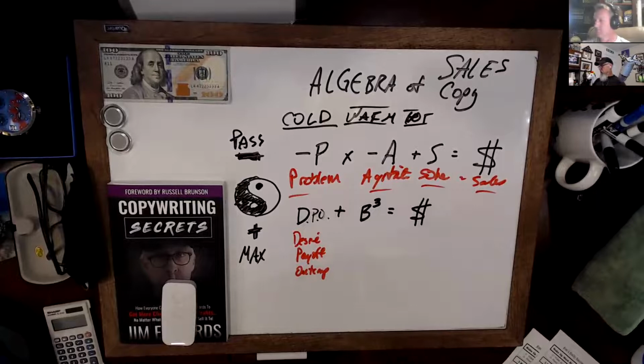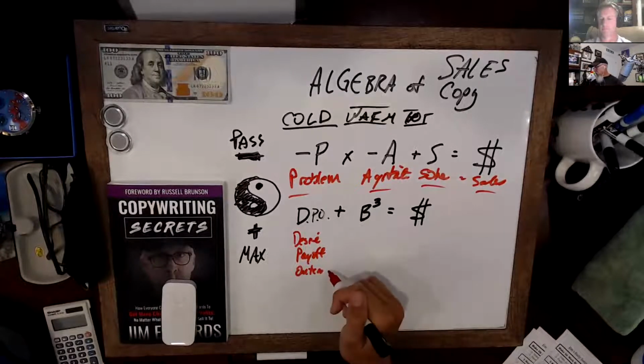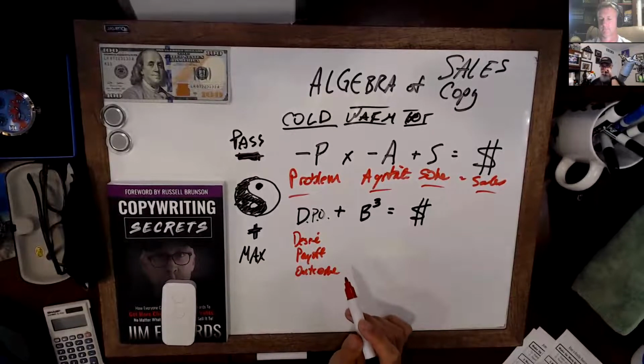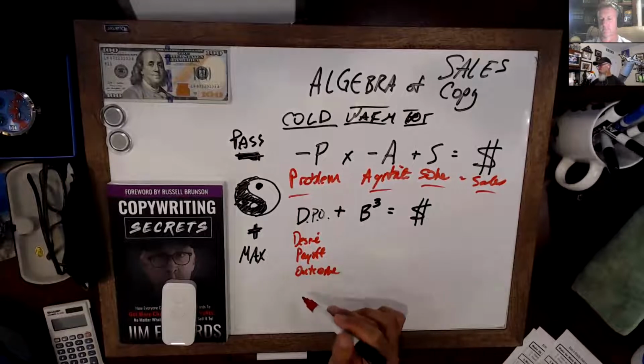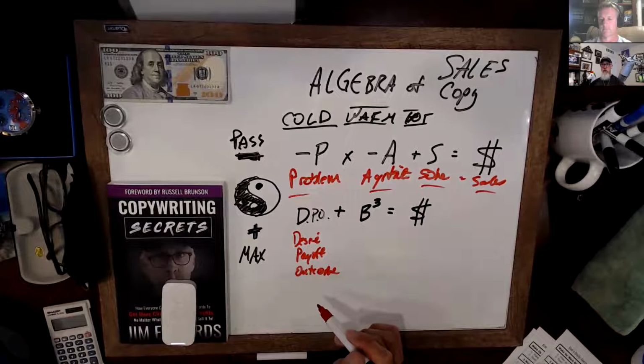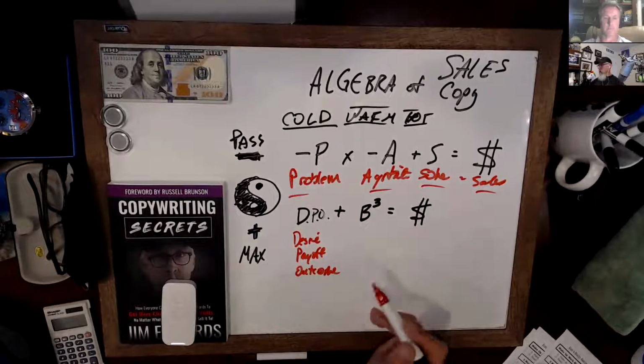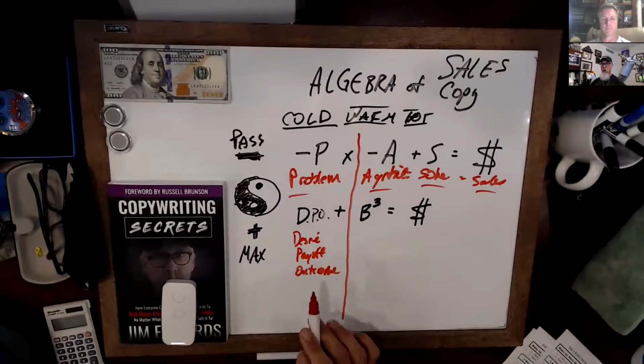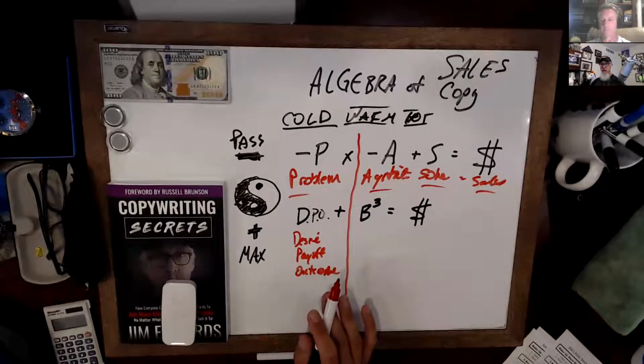Desire, payoff, outcome. The problem is that just stating the desire or the payoff or the outcome isn't enough, because what are we doing here in this first phase? All we're doing is just stating the obvious.